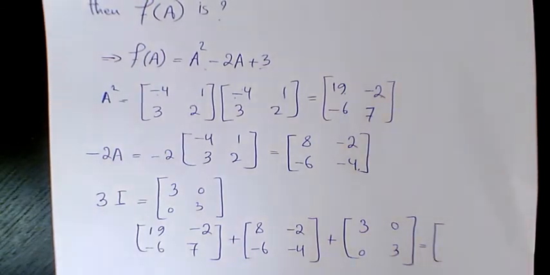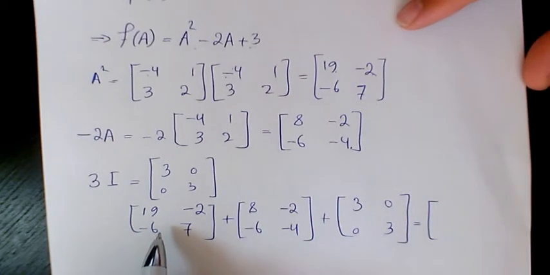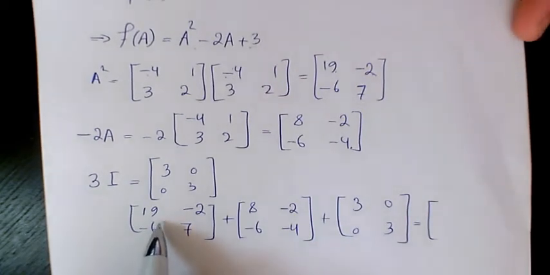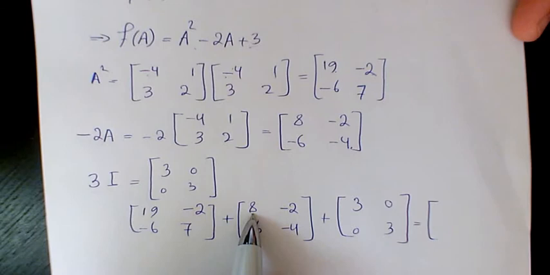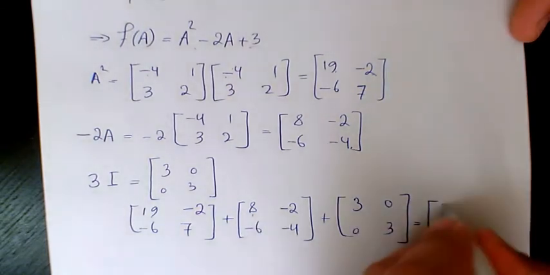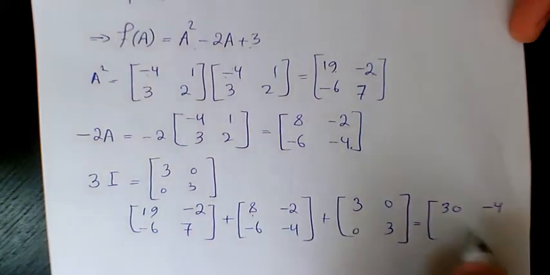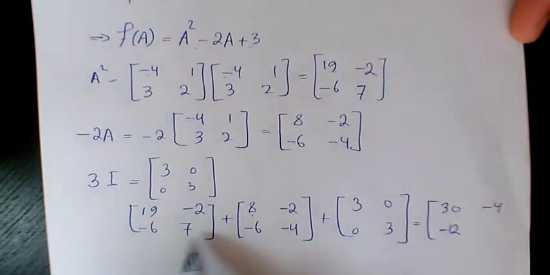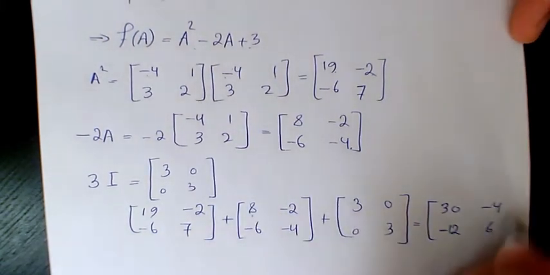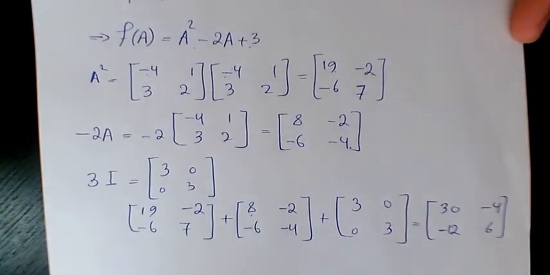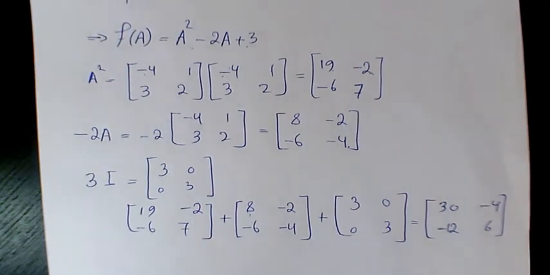So when we add them all, you have 27 plus 3 is going to be 30. That's going to be negative 4, negative 12, and that's going to be 6. So that's going to be the final answer.